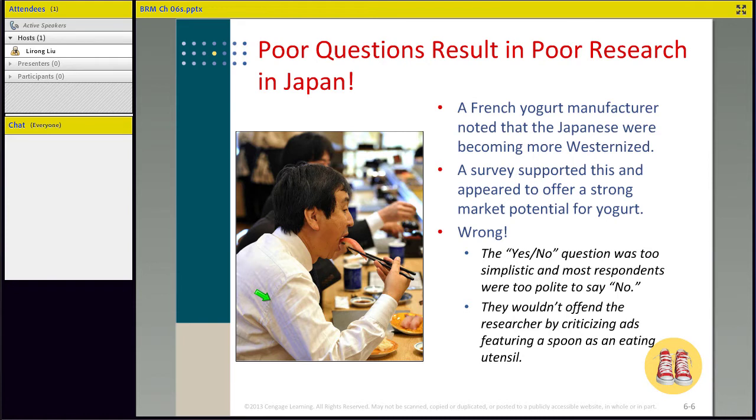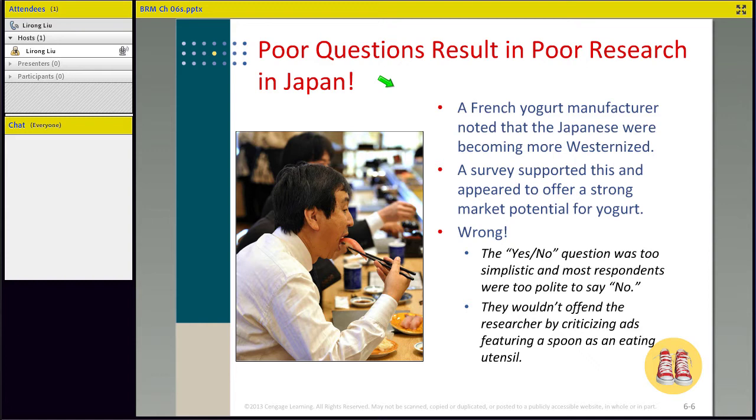So here's one example that shows you poor questions can result in poor research in Japan. It's about a French yogurt manufacturer. They noticed that Japanese were more westernized. Well, I guess this is not current. It must be many years ago, because I can even notice that China is much more westernized these days.